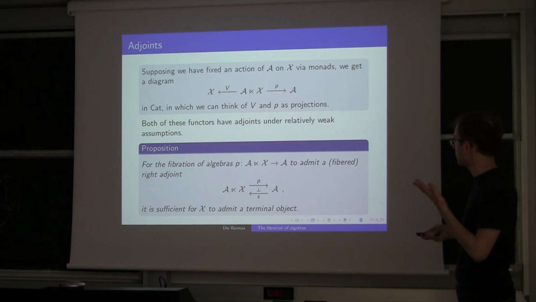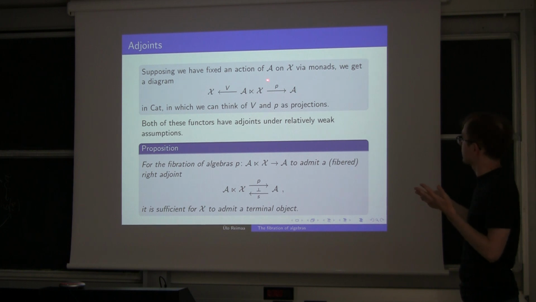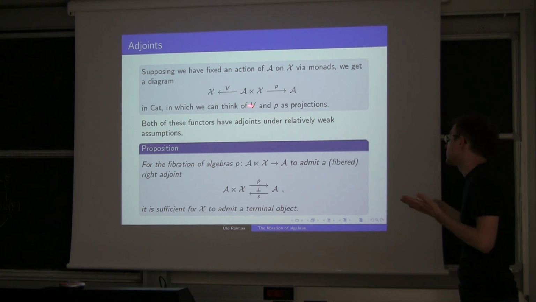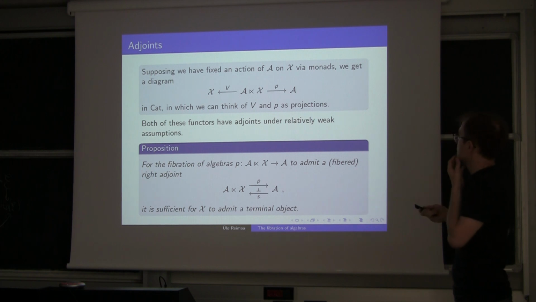So it is enough for X to have a terminal object for this P to have a right adjoint, which will be actually a splitting of P. So this is essentially, in most cases, a split extension. So like we should have it reproducing nice situations. Well, that's good.